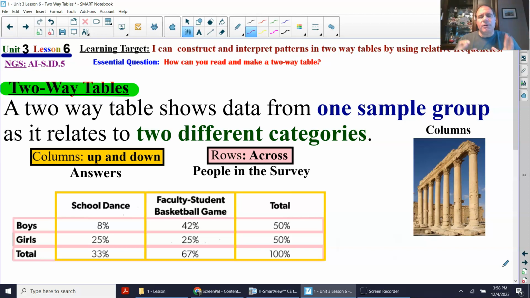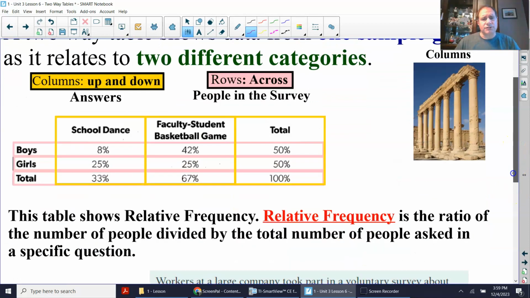One thing that you do have to understand is that columns go up and down just like this, and rows go side to side, horizontal. So columns up and down, rows are across.